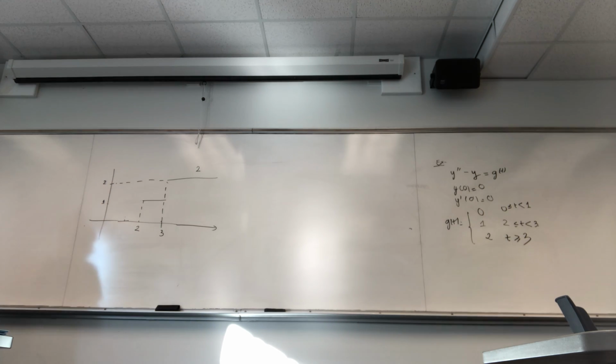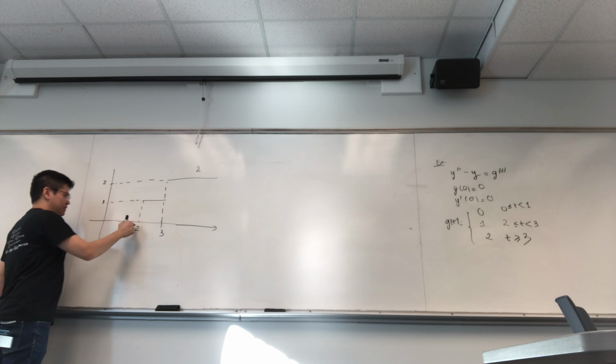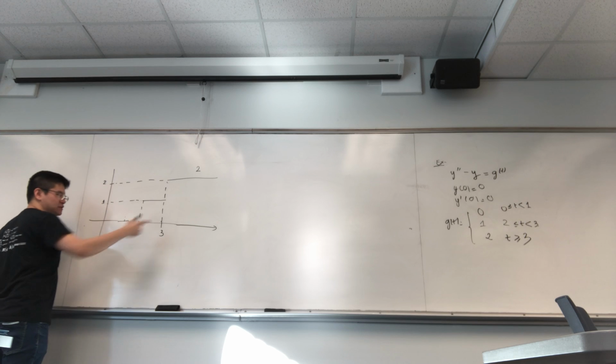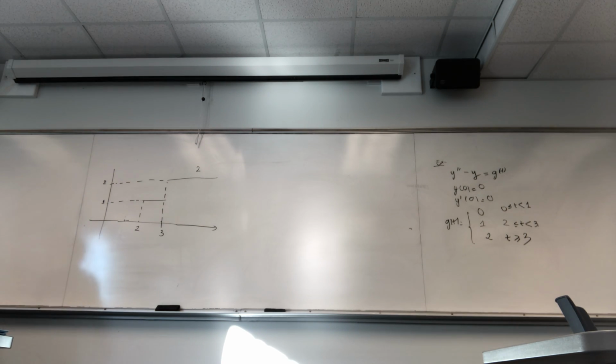So what is the form of g? Now I have a function which is 1 from 2 to 3 and 2 from 3 to infinity. So I have to express this function in terms of the Heaviside function, or the sum of Heaviside functions.